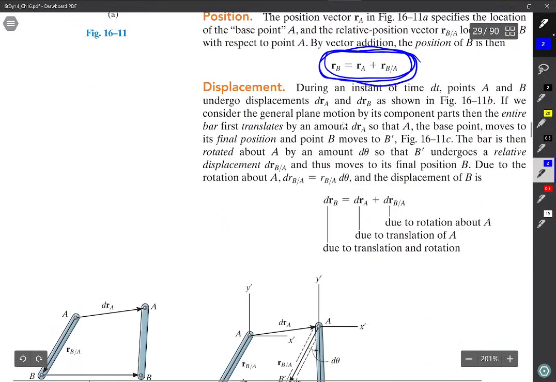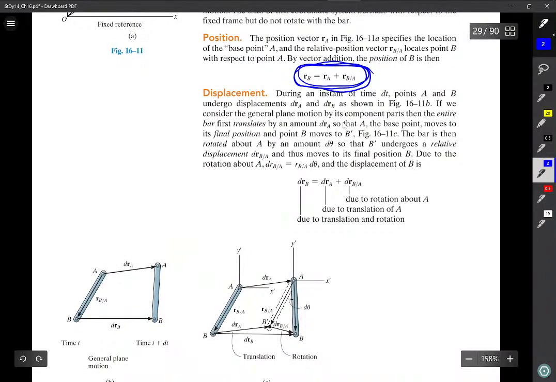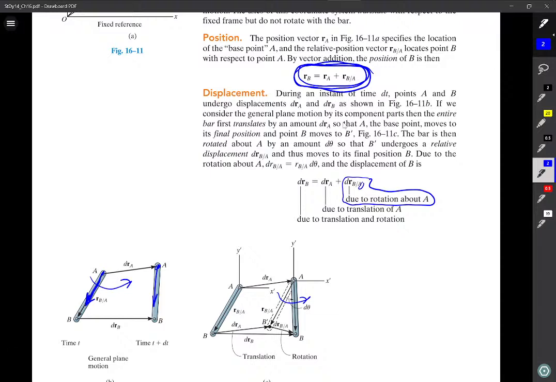So this gives you the fact that the motion of B relative to A is all about its own rotation. In other words, if you are at A and you look down to B and then you look at it again, what you've noticed is it's rotated about you. It's rotated that way. You don't notice anything else.